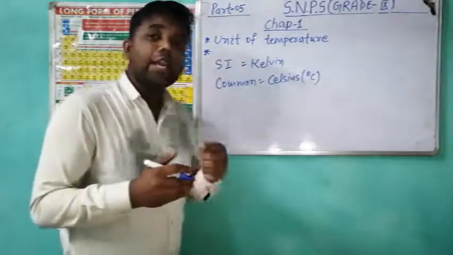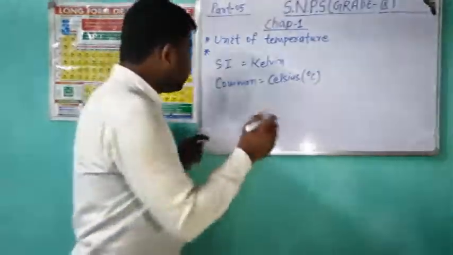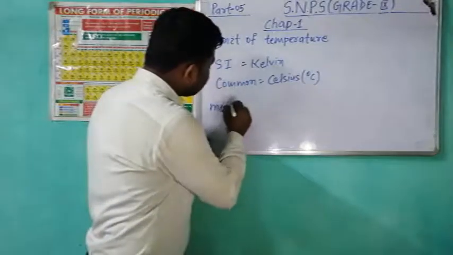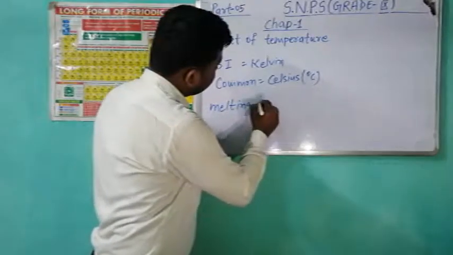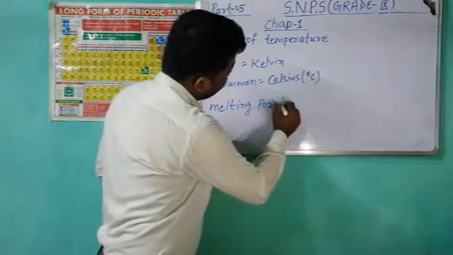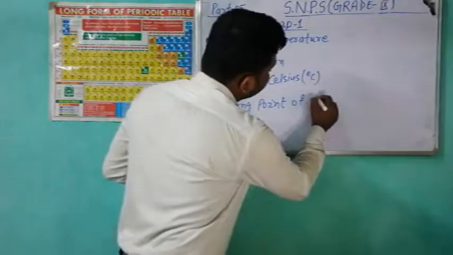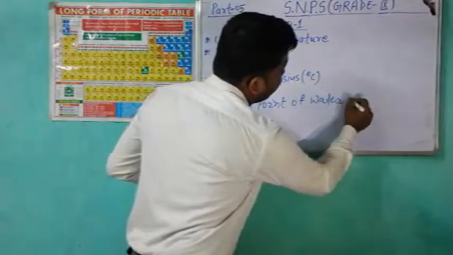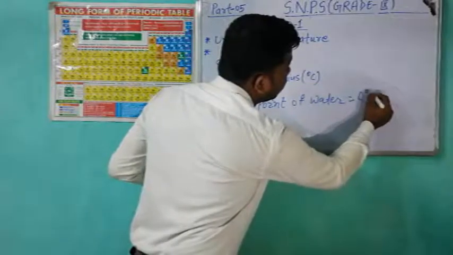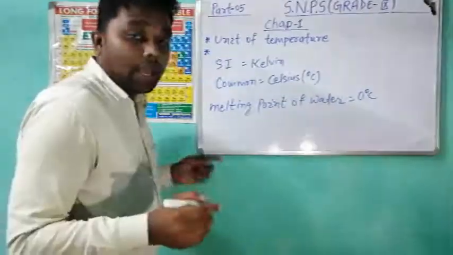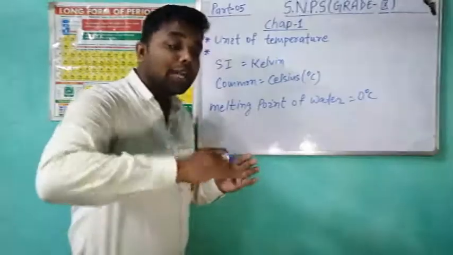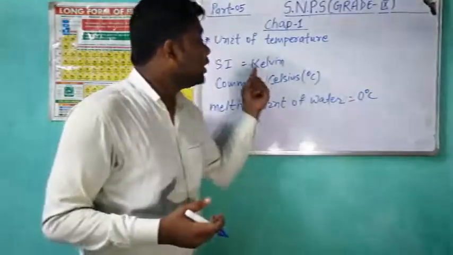And if we take an example, we know that the melting point of water is 0 degree Celsius. So how do we convert degree Celsius into Kelvin?